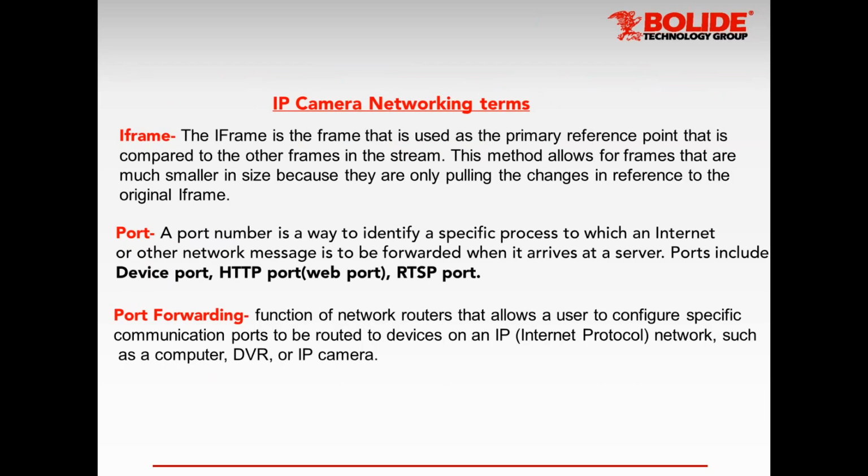Okay. iframe. iframe is the frame that is used as a primary reference point that is compared to the other frames in the stream. This method allows for frames that are much smaller in size because they're only pulling the changes in reference to the original iframe. Okay. What is iframe? So in English. This is pretty important.